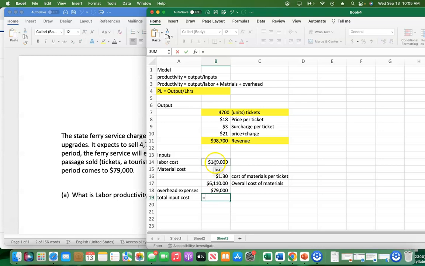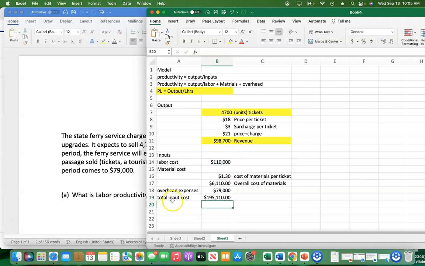So I'm going to click on the labor cost and add the overall cost of materials, and also I will add the overhead expenses. And so the total input cost will be this much, and let me highlight it.